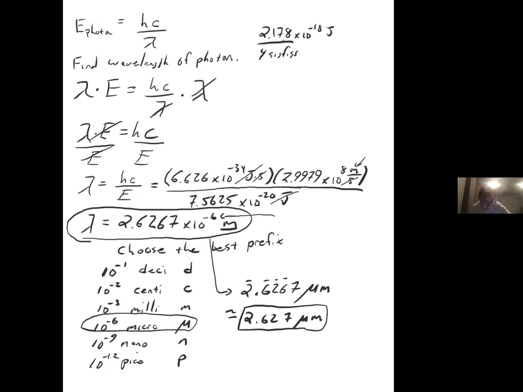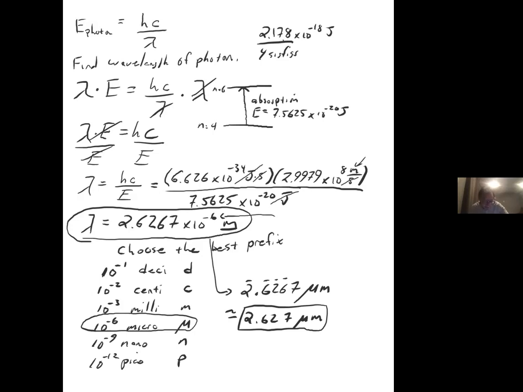So remember going back to the beginning, we were starting at n equals 4 and we were going up to n equals 6. So we said, look, if n gets larger, that means it's absorption. And so now we knew what the energy was. The energy of the photon was 7.5625 times 10 to the minus 20 joules. That's how much energy it has.